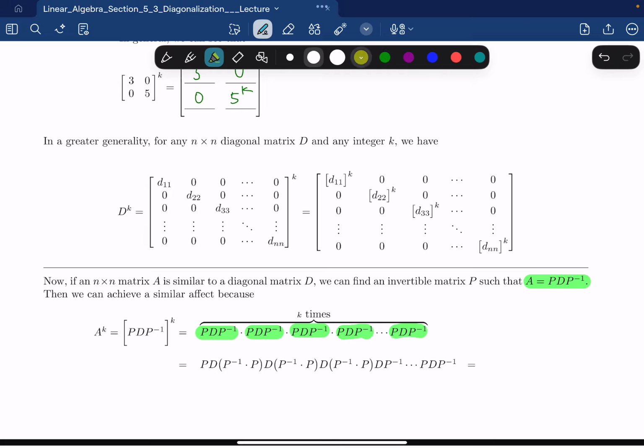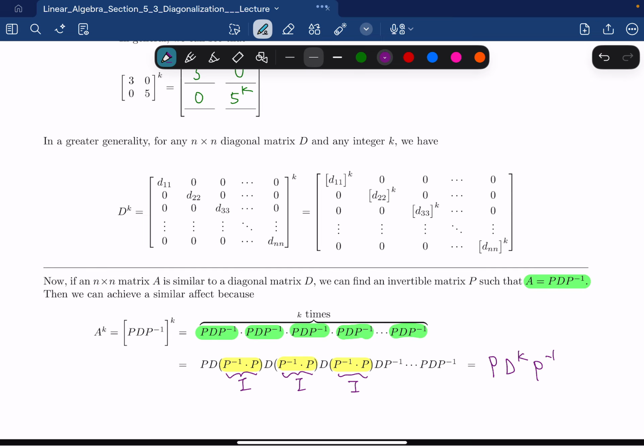But then if I rearrange these, by associativity, I can focus on these terms first: P inverse times P, P inverse times P, and P inverse times P, etc. What I can see is that these are going to cancel, simplifying into the identity matrix. So those go away, and what I have is just P D to the kth power P inverse.